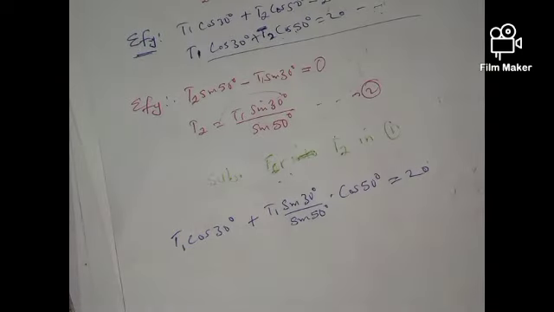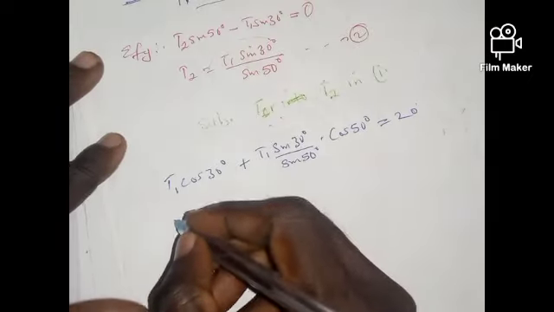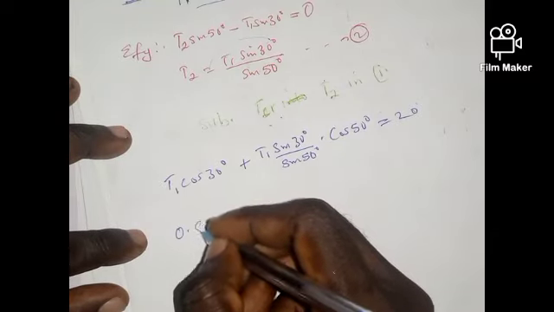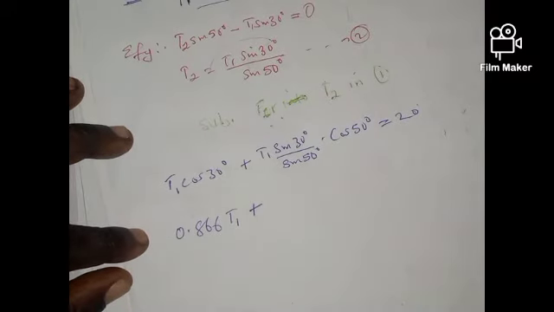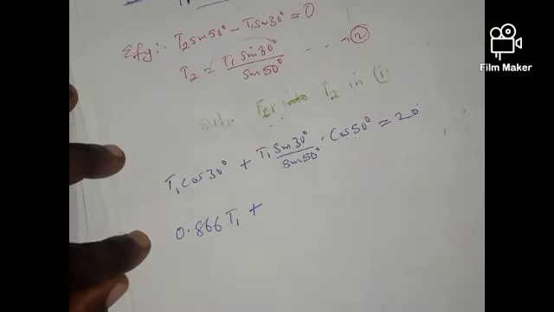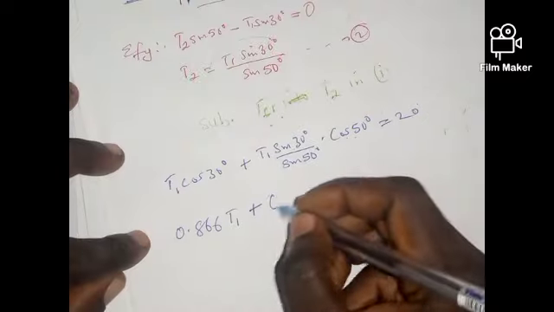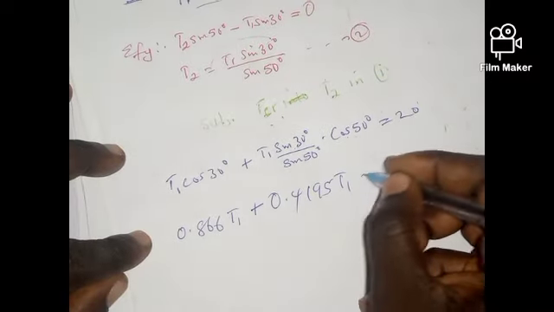So I'm going to press my calculator for all of this. Cos 30 degrees is 0.866, so 0.866 T1 plus, let me just work this out, sine 30 times cos 50 divided by sine 50. That gives me 0.4195 to 4 decimal places, T1 equals 20.